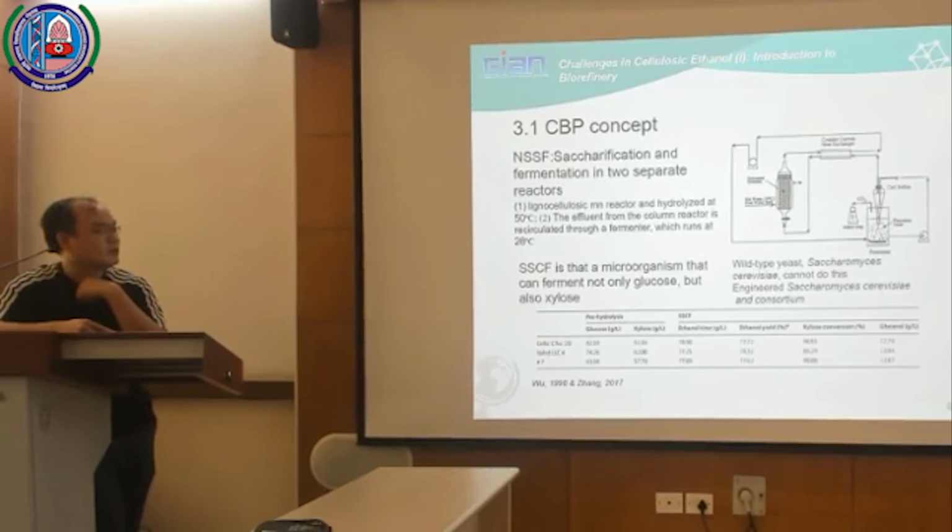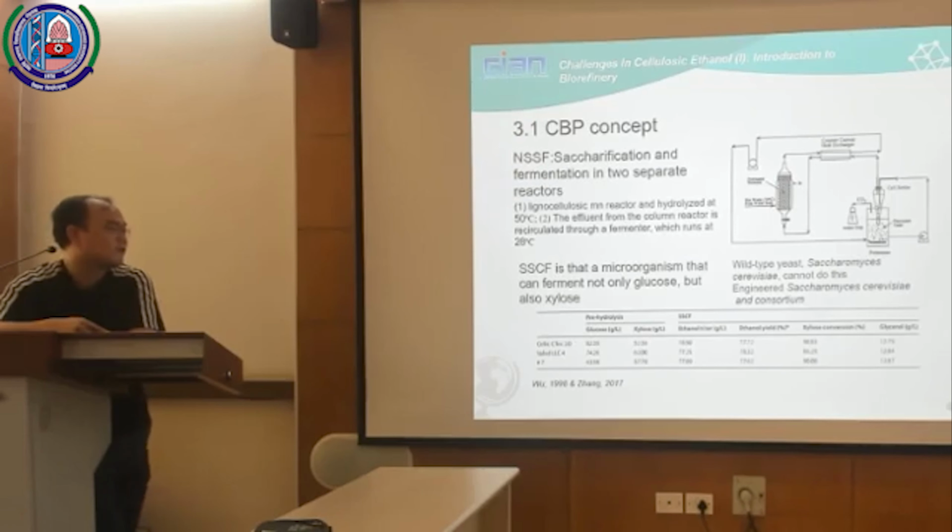I can engineer the Saccharomyces and let it have the ability to co-ferment glucose and xylose. Another strategy is to use a co-culture. Co-culturing Saccharomyces with, for example, a xylose-fermenting microbe will be very good. The ethanol production rate and the ethanol titer will be improved.